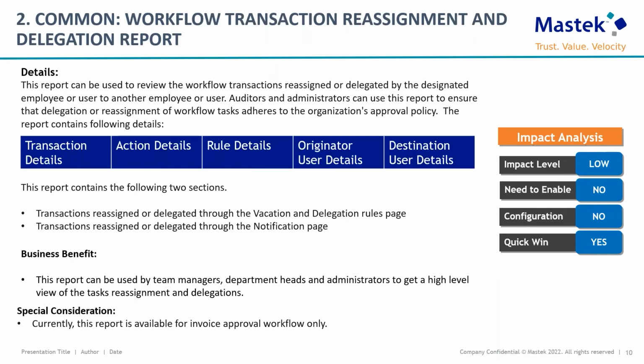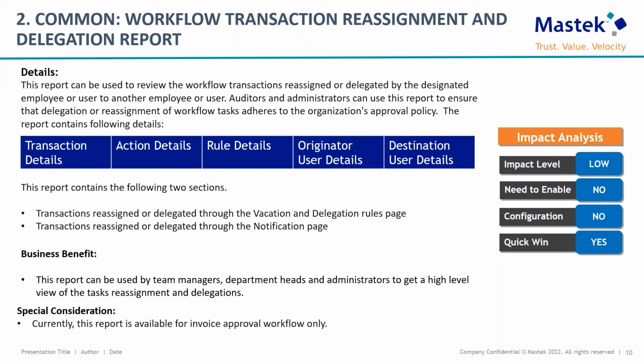Next, in the common updates, we have a report which shows a workflow transaction reassignment and delegation report. This report covers the life cycle of a transaction approval workflow, starting from who initiated the transaction, to whom it was assigned for approval, and whether or not it was reassigned to some other user.